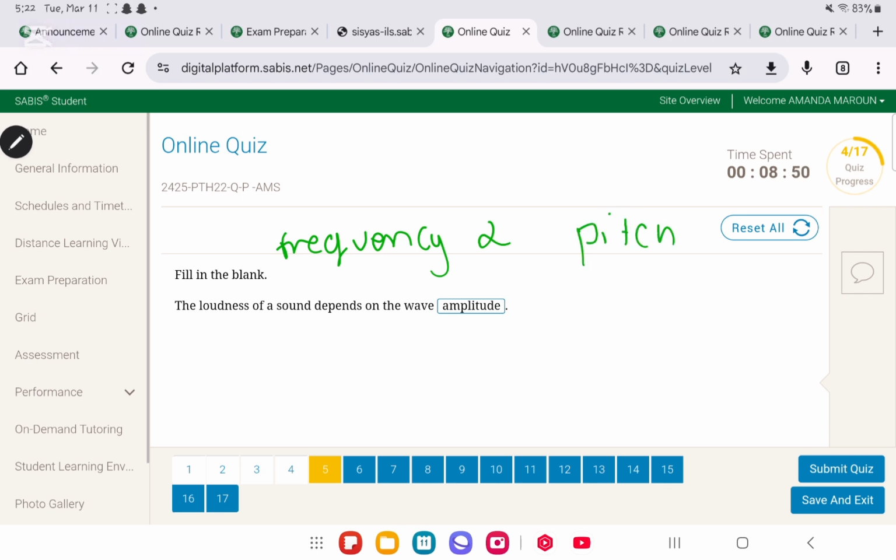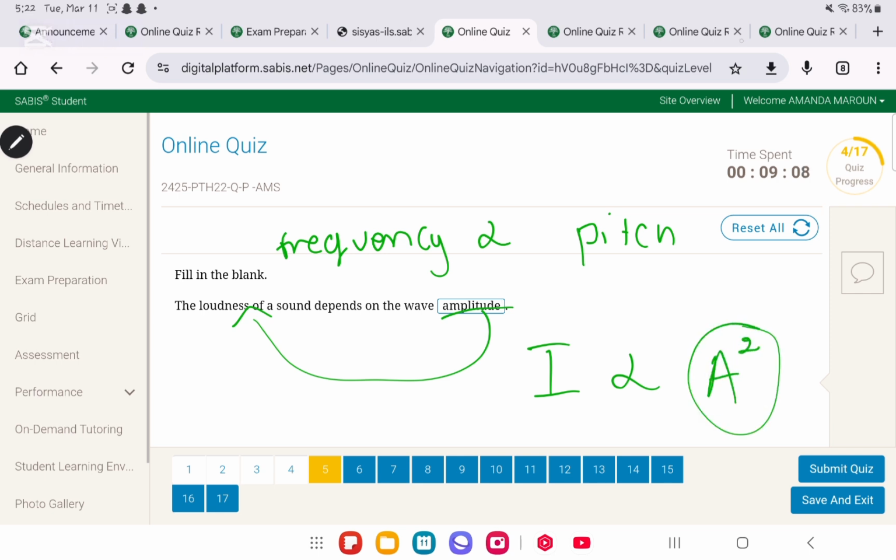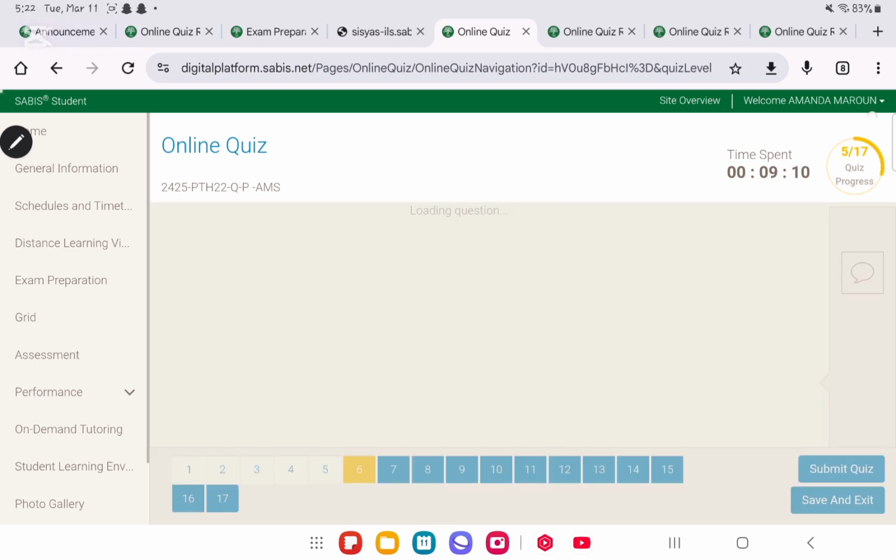And we know that loudness depends on amplitude, which means they're directly proportional. And the sound intensity I is directly proportional to the amplitude squared.